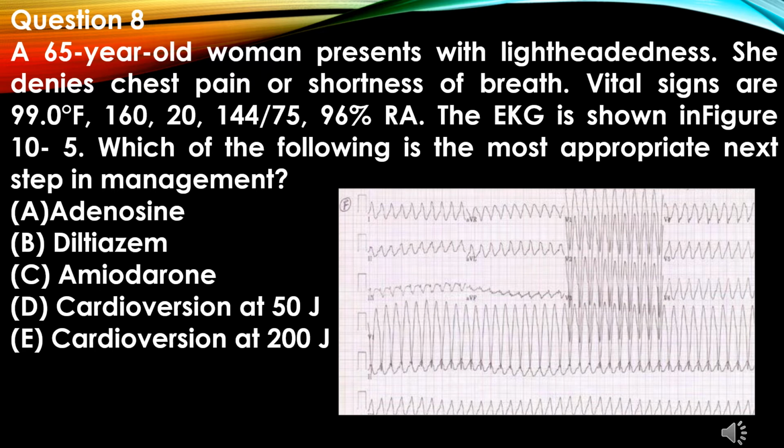The EKG is shown. Which of the following is the most appropriate next step in management? A. Adenosine. B. Diltiazem. C. Amiodarone. D. Cardioversion at 50 joules. E. Cardioversion at 200 joules.